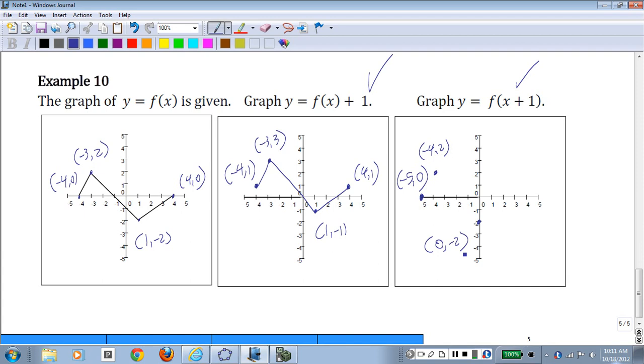And (4, 0) goes to (3, 0). So each point scoots 1 to the left, and it looks like this, and this, and this. So 1 to the left, and that's the result.